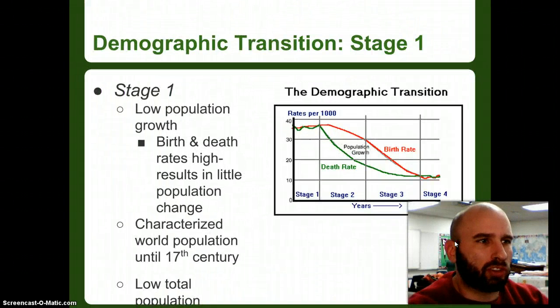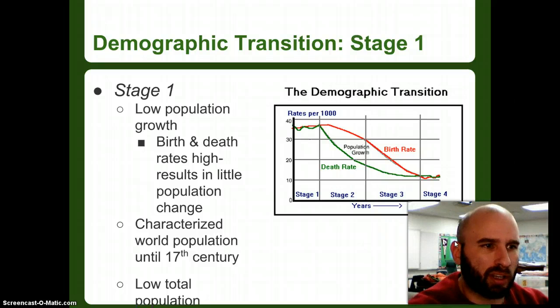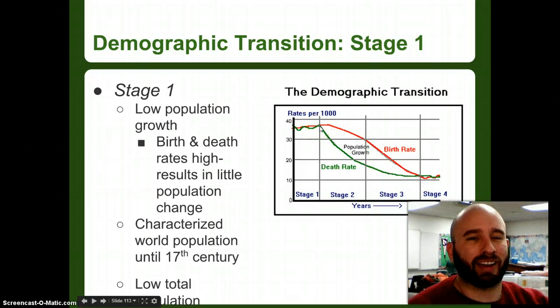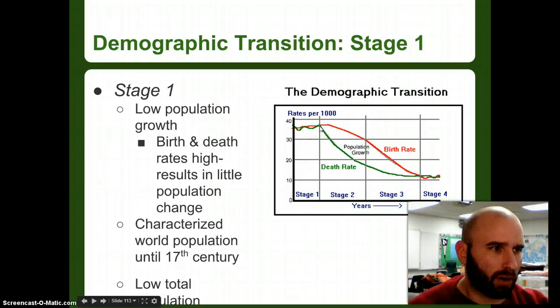All right, so the first stage that we see in this model, ladies and gentlemen, is stage 1. That's going to be this area right up here. As we look at this, we can see that there is a very high birth rate, but there's also a very high death rate. So that means a lot of people are being born and a lot of people are dying. So what does this mean?